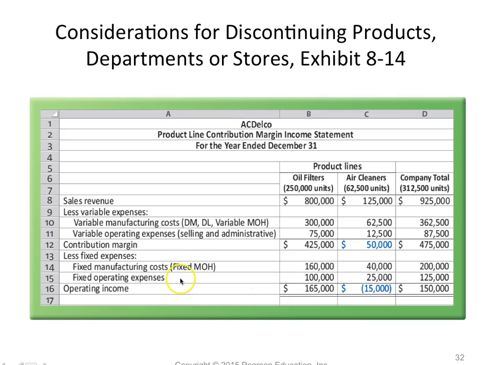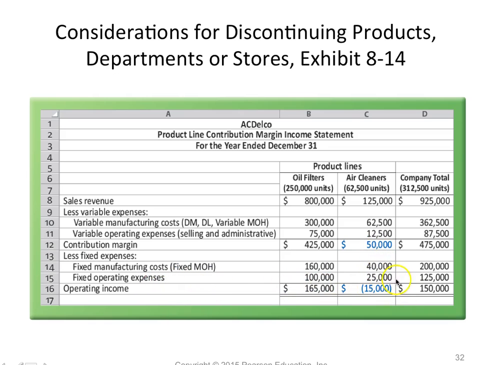So this cost may still exist. If that's the case, you have to transfer this cost to other lines, so it may not be a good decision to just discontinue this.